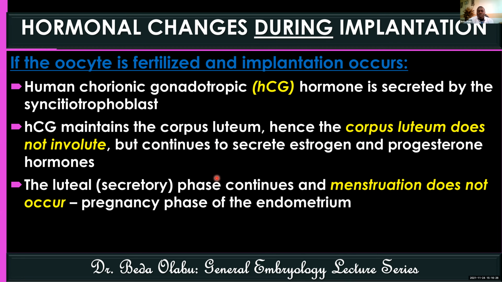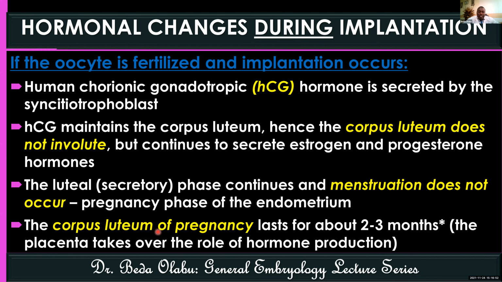That phase that the endometrium enters is what we call the pregnancy phase of the endometrium. So the key point to note here is that when there is implantation, there is HCG that sustains the corpus luteum, so the corpus luteum continues to supply estrogen and progesterone, and for that reason, there'll be no menstruation.